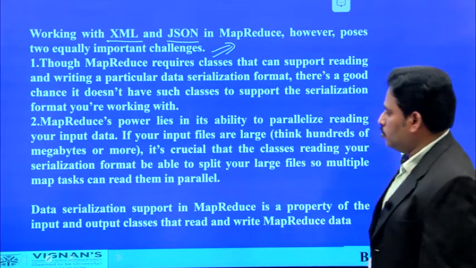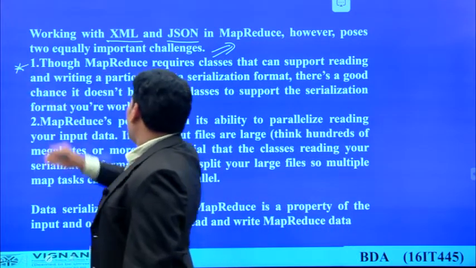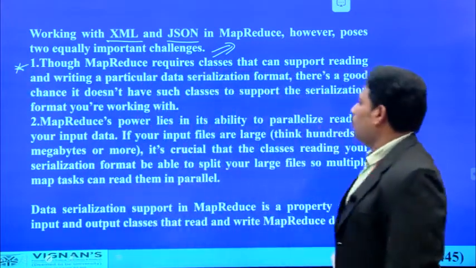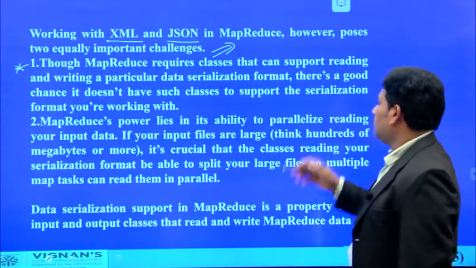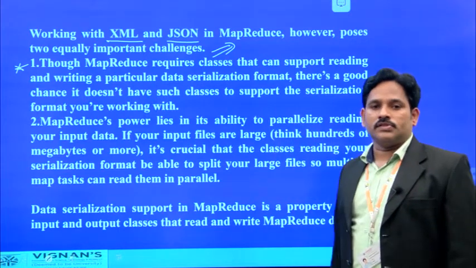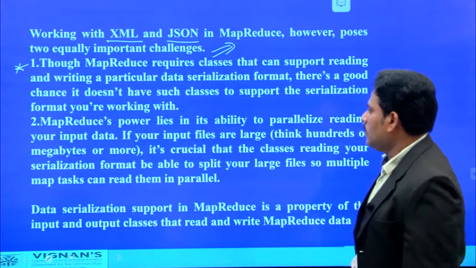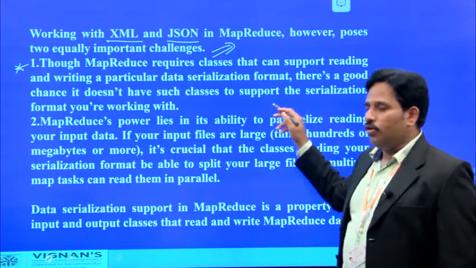Let's have a look at two major challenges. The first challenge is that MapReduce requires classes that can support reading and writing a particular data serialization over the network, but it has to support all the formats at the end user level.